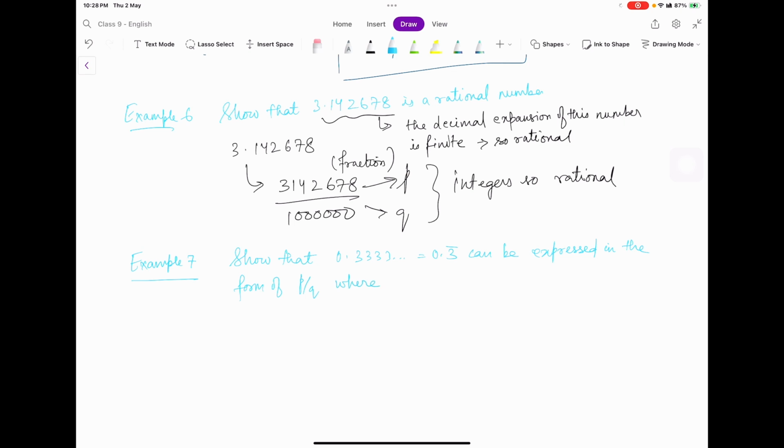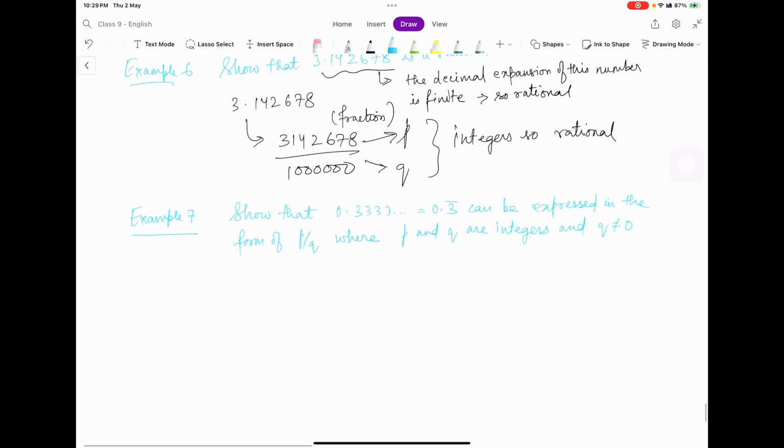See, this question will be repeating. Two or three types are there, this question will be repeating. So how will you do it?